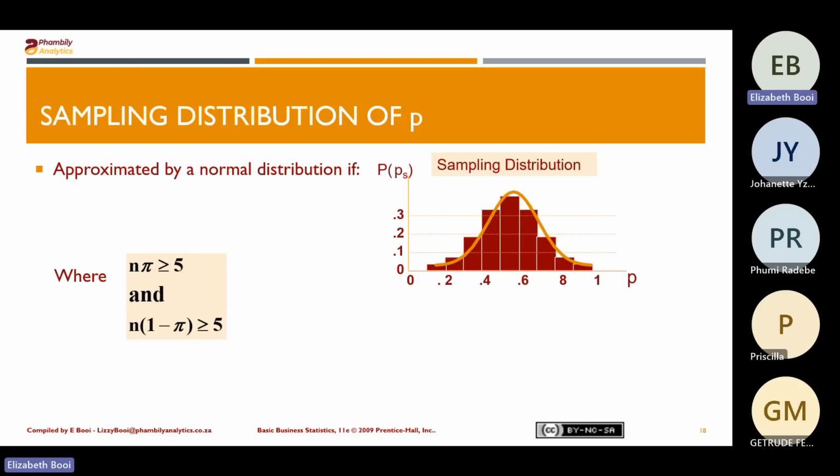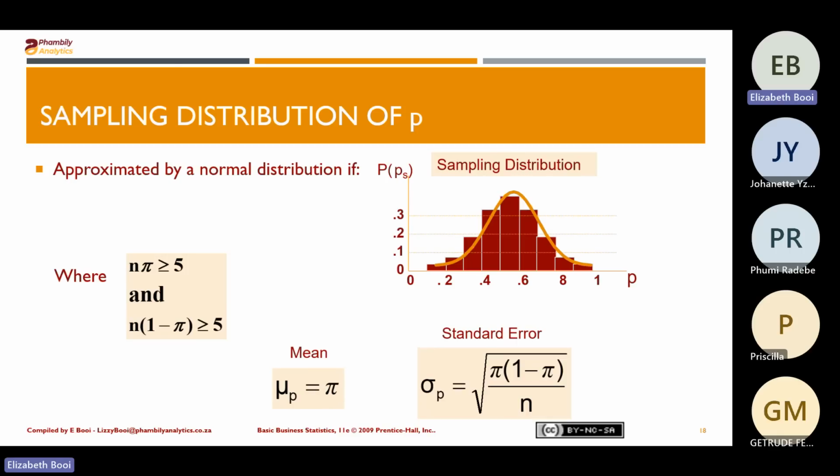For a sampling distribution to be normally distributed, it is normally distributed with the mean or expected value being equal to the proportion, as well as your standard error of the proportion. So now you must notice this.